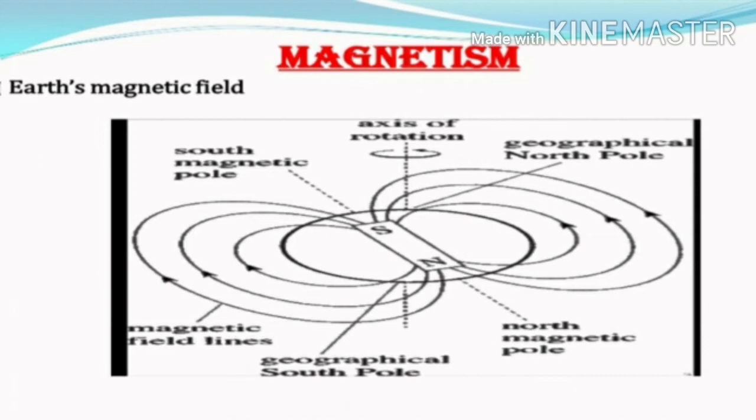The third evidence is that a soft iron becomes a magnet if it is buried under the earth in the north-south direction. Thus, it can be concluded that the north magnetic pole corresponds to the south geographic pole and the south magnetic pole corresponds to the north geographic pole.